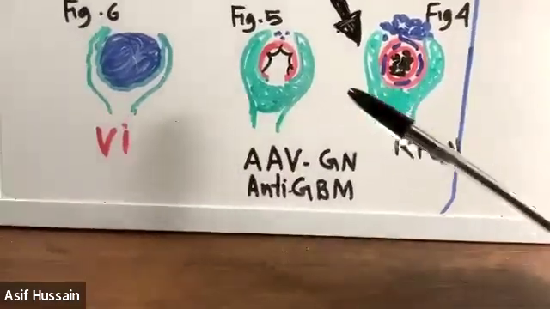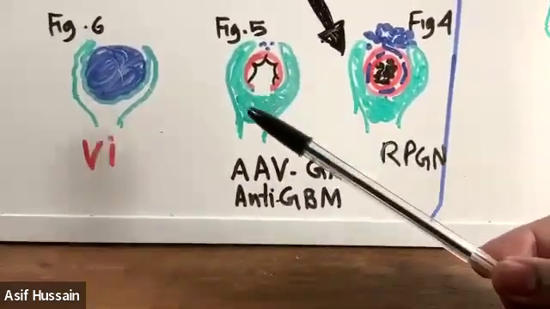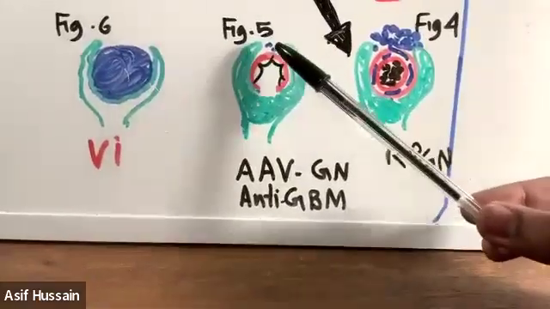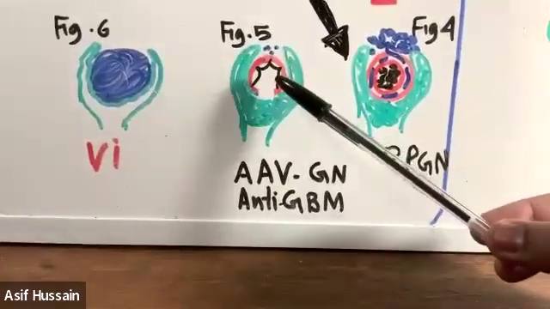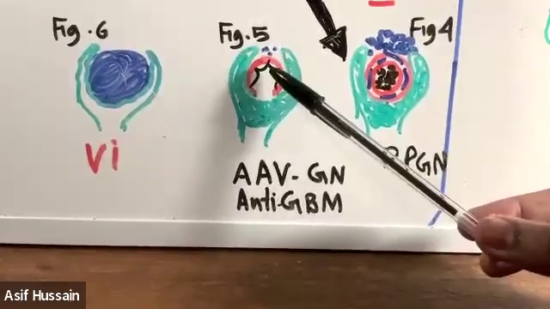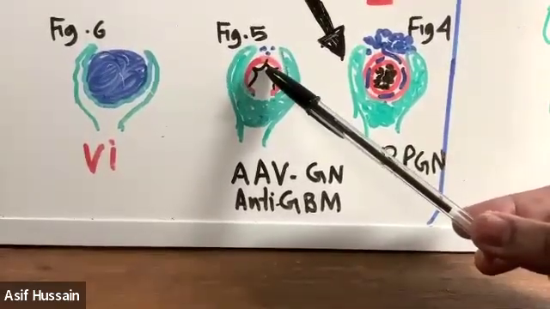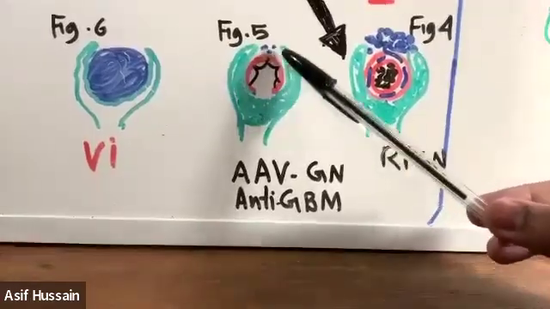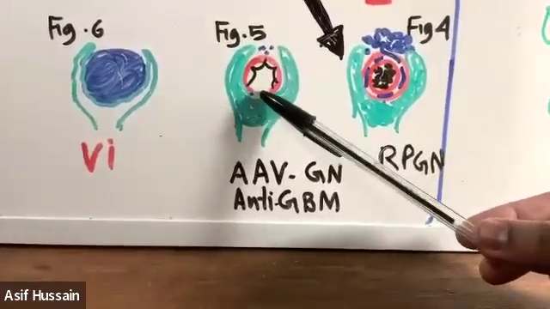Whereas in figure 5, there is crescent formation, but the mesangium is normal. There's no mesangial proliferation. The capillary endothelium is normal, there's no capillary endothelial proliferation, and the basal membrane is normal, but you can see a rupture in the capillary.